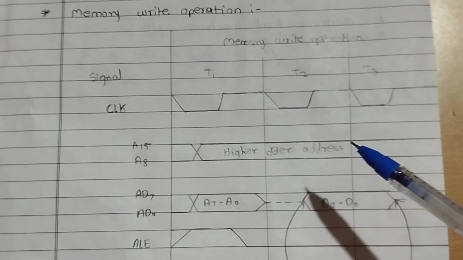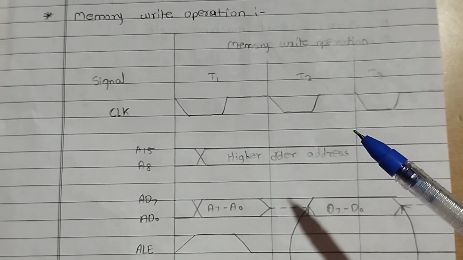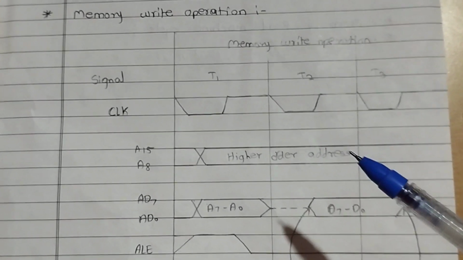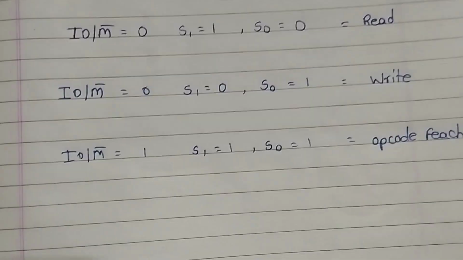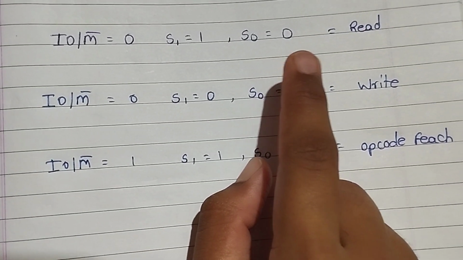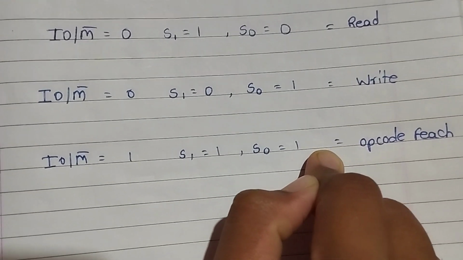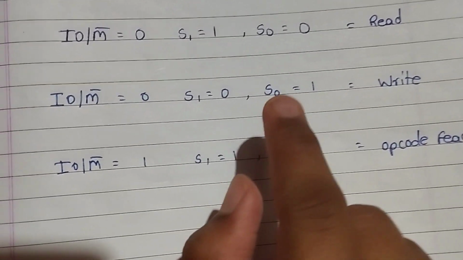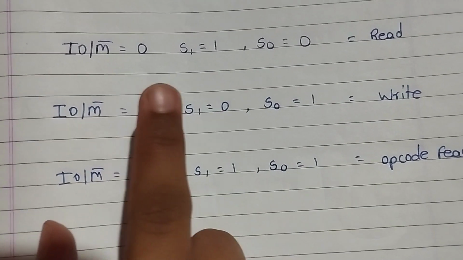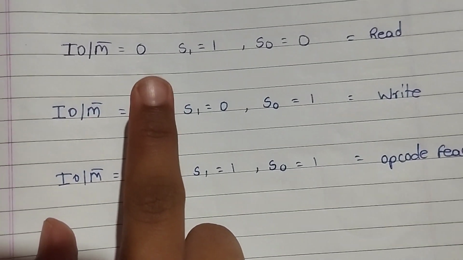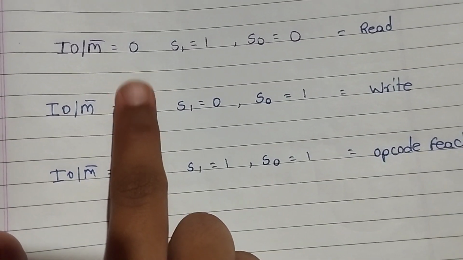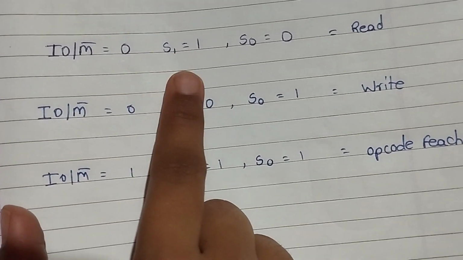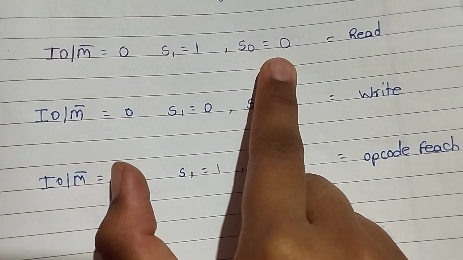All these machine cycles we will understand better when we solve the instructions. First we see the read, write and opcode fetch machine cycles and their differences. When we perform the read machine cycle, IO/M bar is equal to 0, S1 is equal to 1 and S0 is equal to 0.